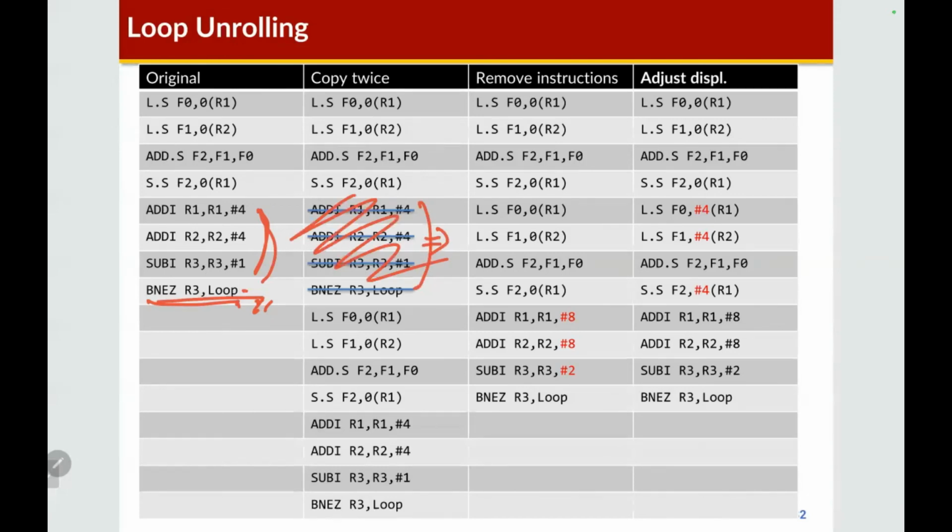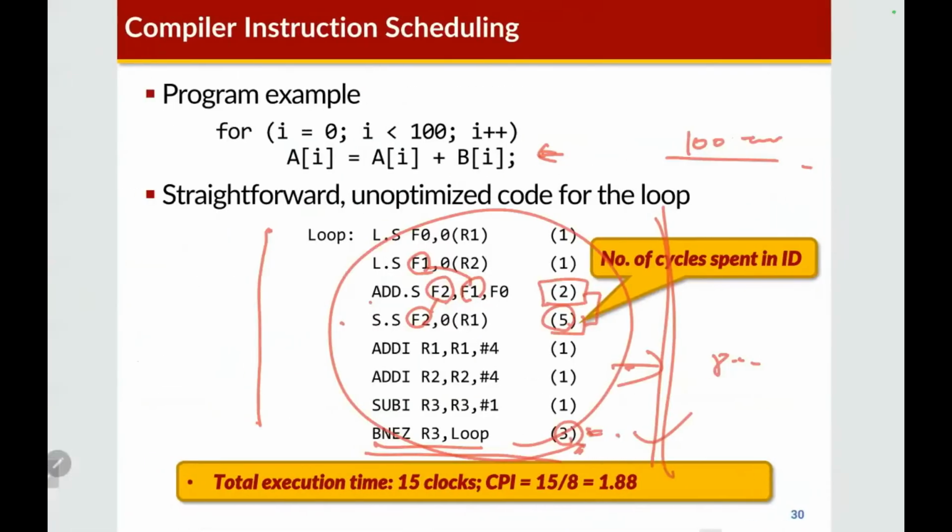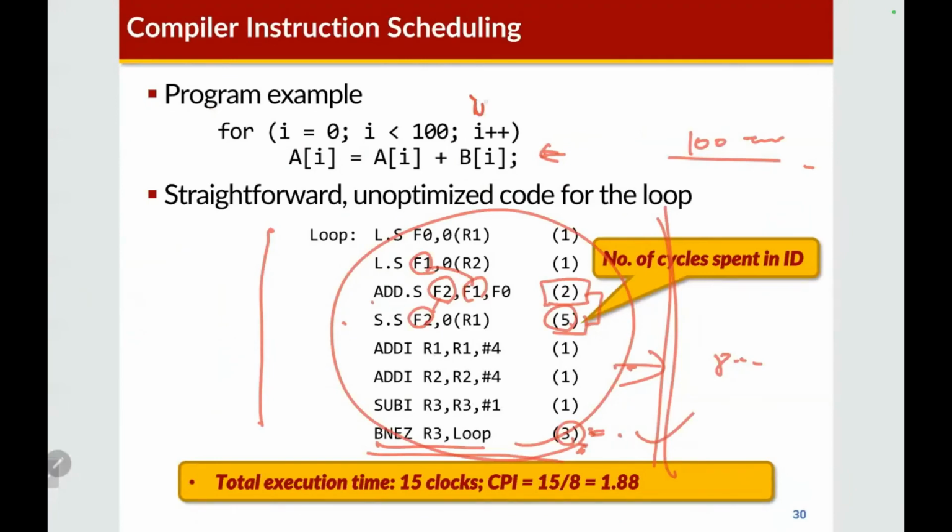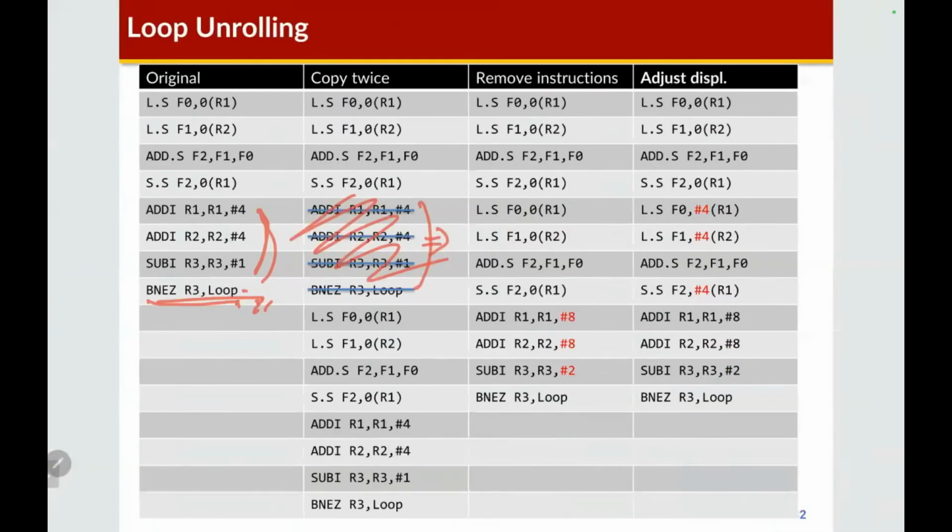When this loop is unrolled, I should be I equal I plus 2, so the offset should be changed. We just adjust the offsets of the instructions here.